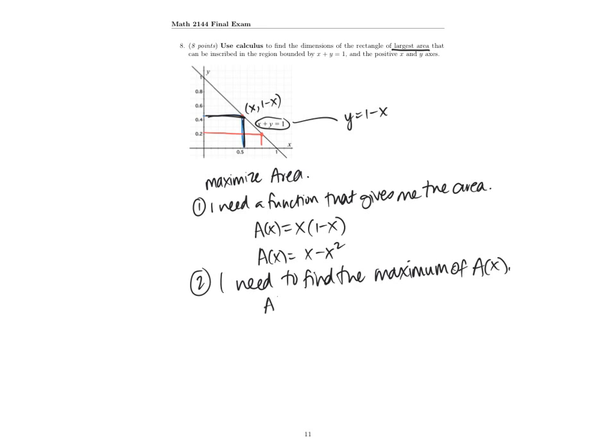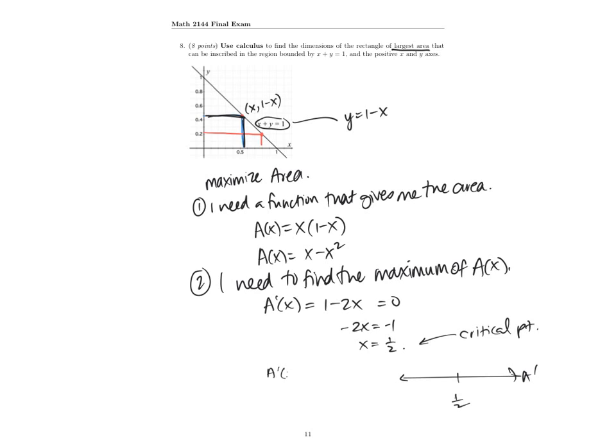So I need to find A prime of x, 1 minus 2x, and set that equal to 0. And so I can subtract the 1 over, divide by the negative 2. So x is 1/2. This is a critical point. Okay, and if I look at my A prime to the left and right of 1/2, let's plug in 0.75.